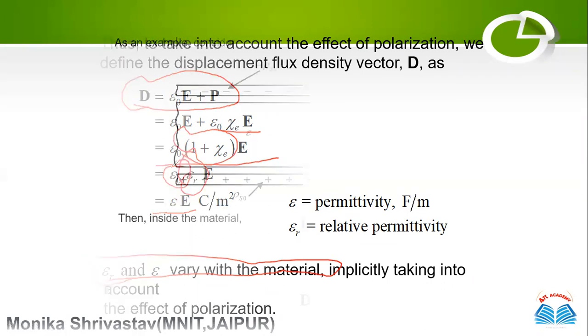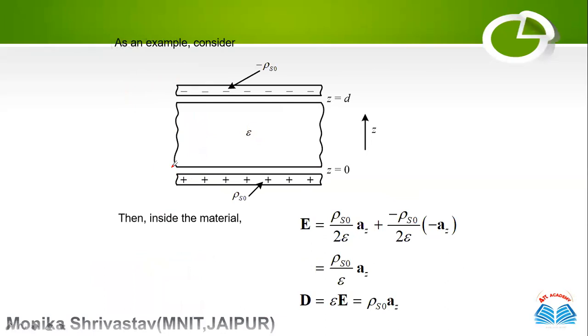As an example, let's consider a dielectric slab having permittivity epsilon, and there is an electric field in the z direction. Due to this, polarization takes place. We know that inside the material there are two charges. For plus rho, you remember the Gauss law for a sheet, Gauss law for a plane. This formula is from Gauss law for a plane.